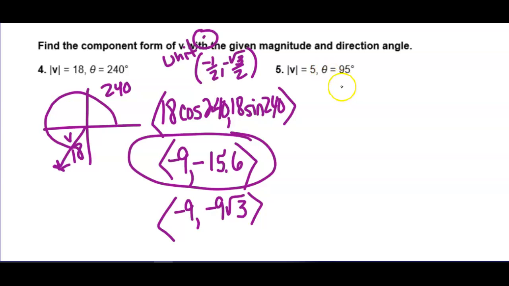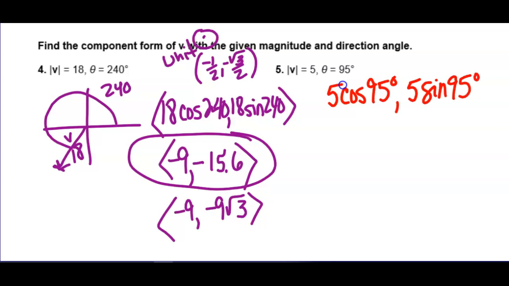All right, so for this one, you just have 5 cosine of 95 and 5 sine of 95. Let's think for a second though what kind of numbers we should be. A 95-degree angle is here. So I'm thinking you're going to have a little negative number and a big positive number. 5 cosine 95 is -0.44.